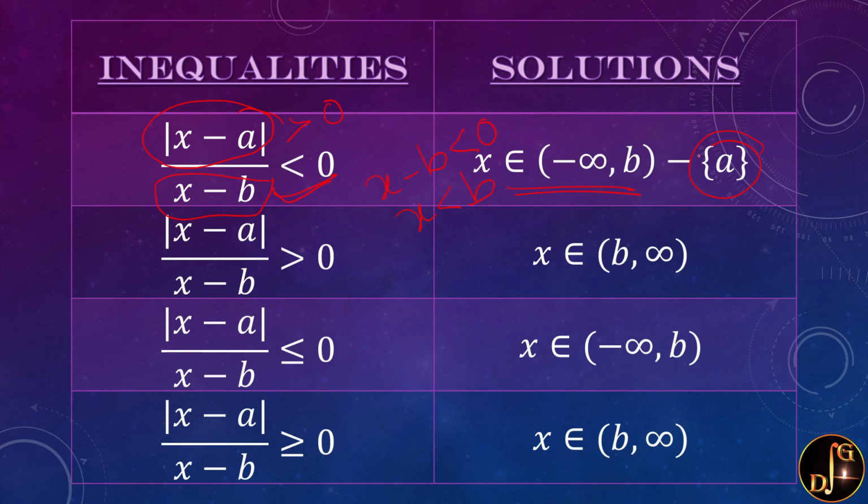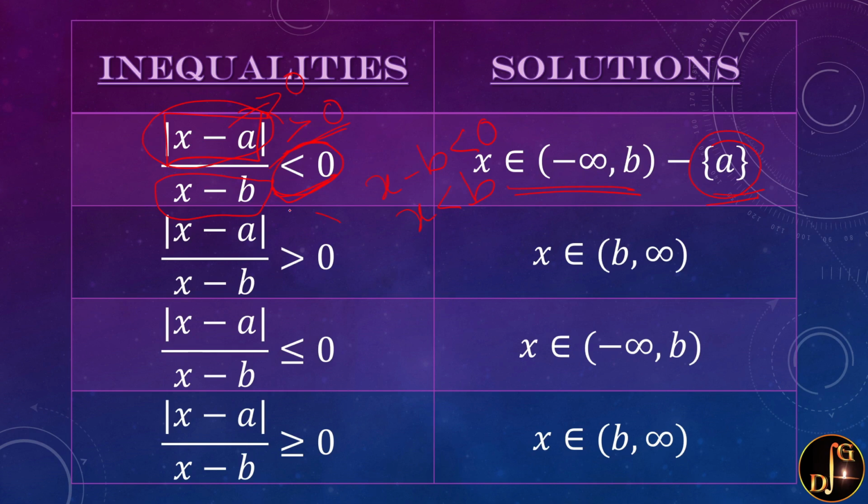Why do we have to exclude a? Because if we take x equal to a, then the numerator will become equal to 0. But the case is strictly less than 0. Therefore, we have to exclude that point.